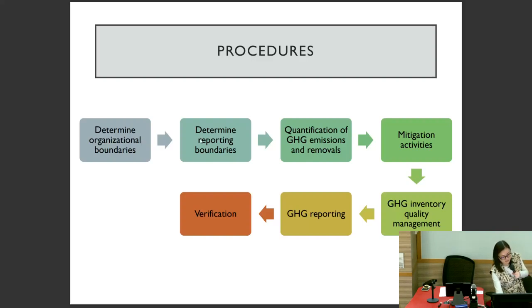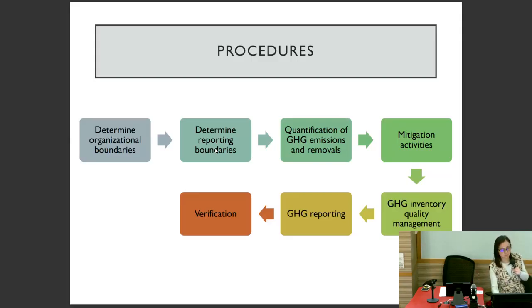And then next, determine the reporting boundary. The reporting boundary is just like the operational boundary that we discussed last week. Last week when we learned about the Greenhouse Gas Corporate Protocol, the term was operational boundary. But here in the ISO standard, it is called the reporting boundary. That is under scope 1, which sources will be included. And scope 1 is direct emissions.